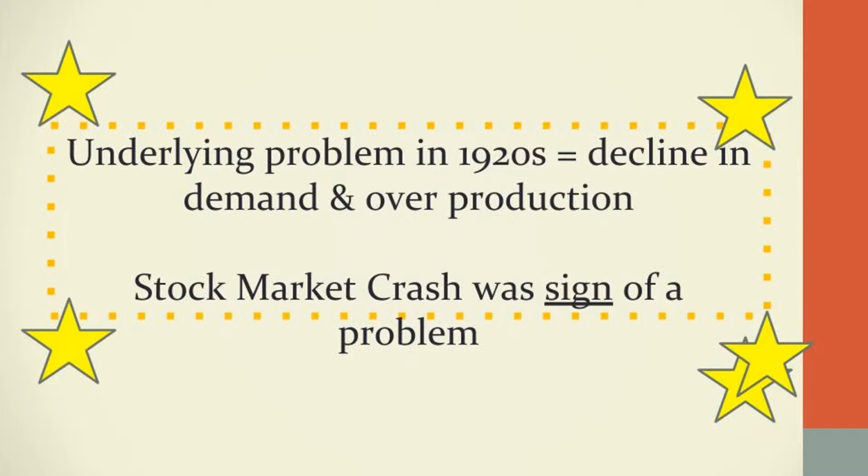It all comes about because of overproduction and drop in demand and the taking out of loans, buying on margin, which you're going to watch about in a video. But all of those things are things that are going to lead to the Great Depression along with the stock market crash. So just remember that, and we're going to move on to talk about the stock market.